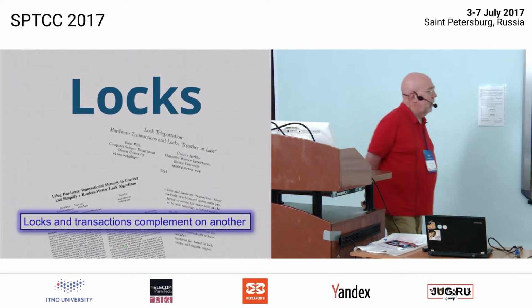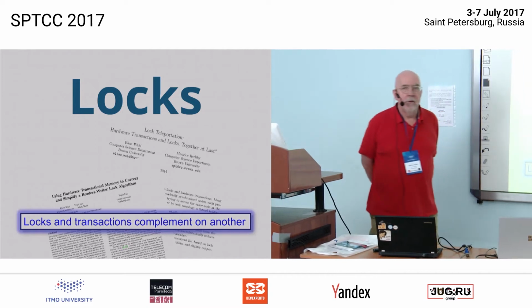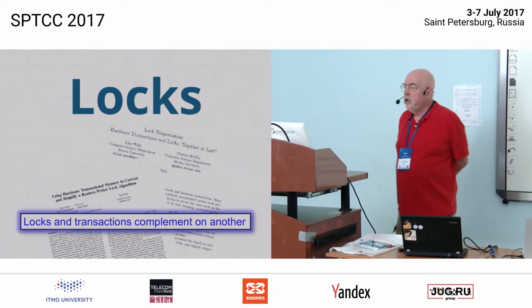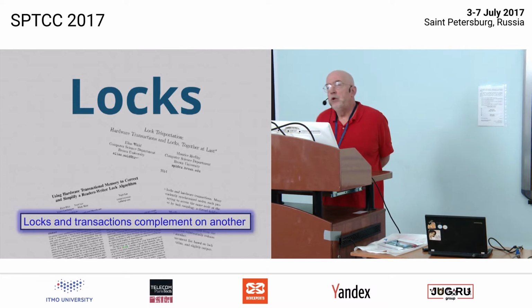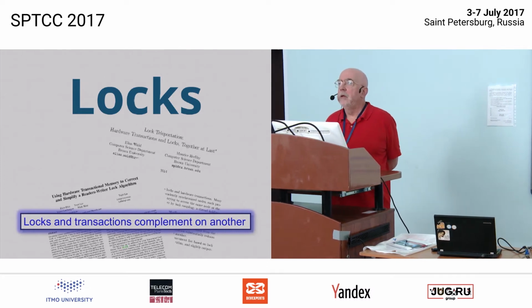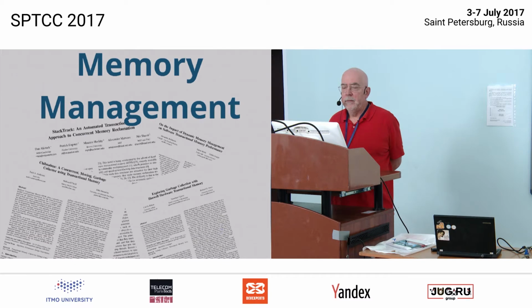So the idea here is that locks and transactions can complement one another, and there's not actually all that much work on it. There are only 2 papers here because I couldn't find much other work on this. So looking at how hardware transactions can speed up conventional synchronization is, I think, an area that has many open questions.